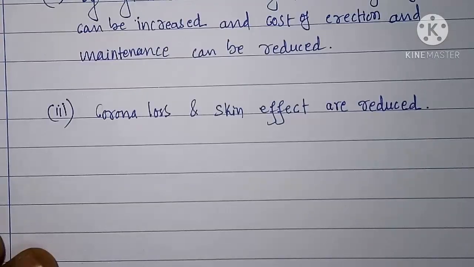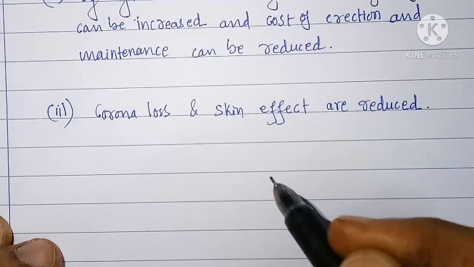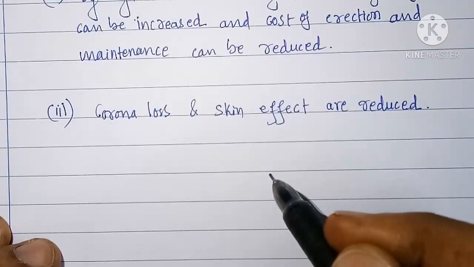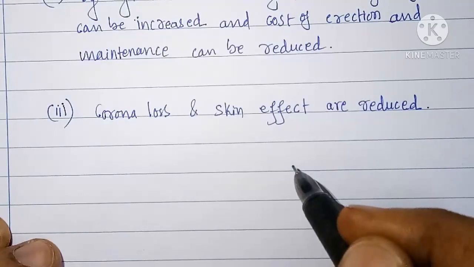Here I will define what is skin effect. The alternating current flowing through the conductor will not be distributed uniformly across its cross section.